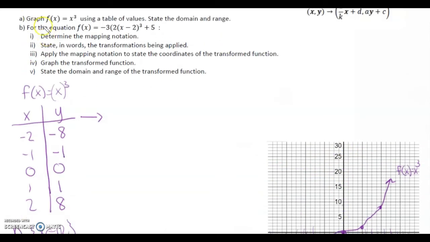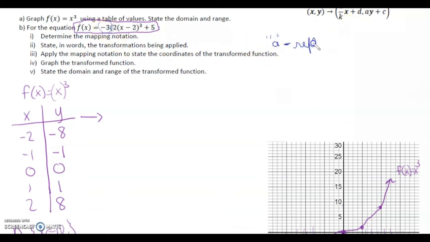Now, for the equation f(x) = -3(2x - 2) cubed + 5, we're going to determine the mapping notation. I'm going to first state the transformations of this function. The -3 is the a value, and these are two different transformations.